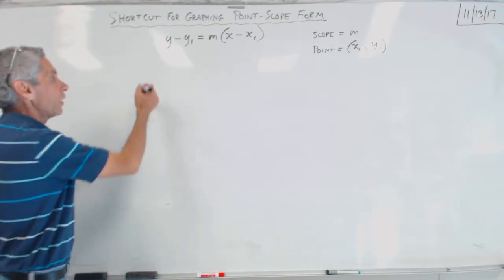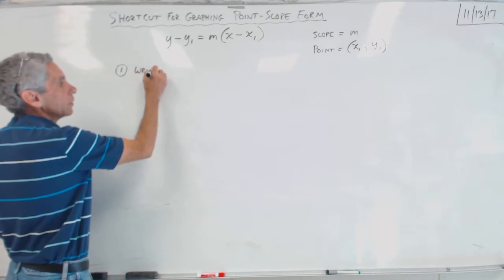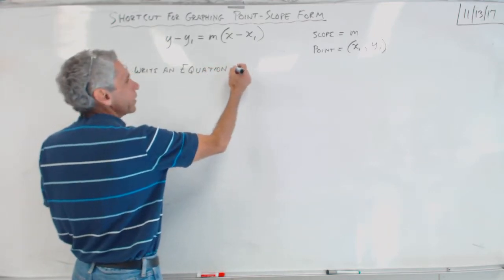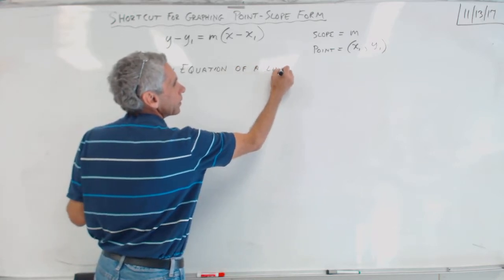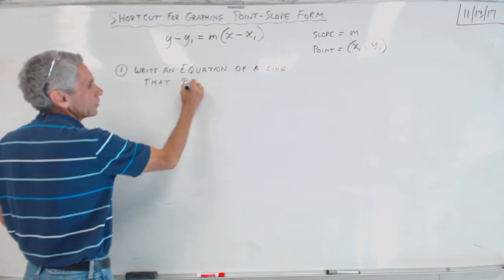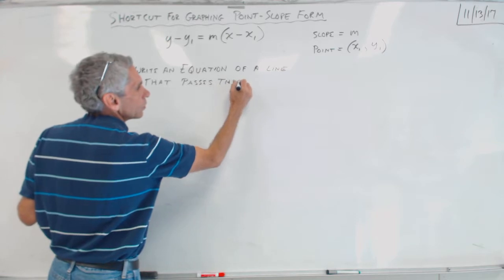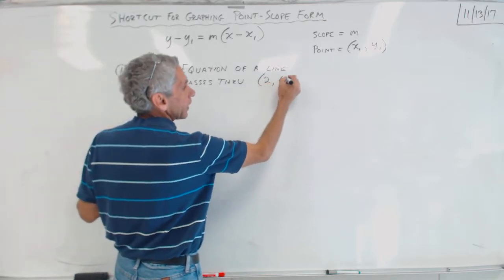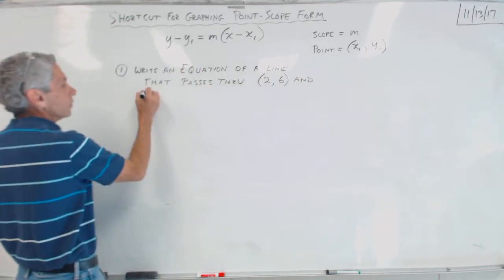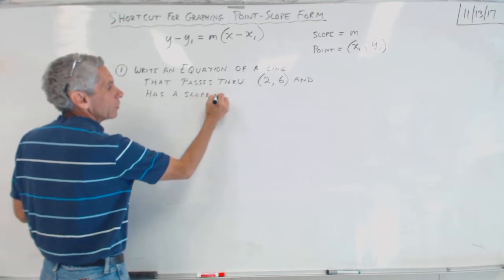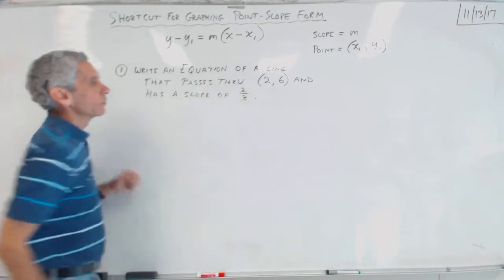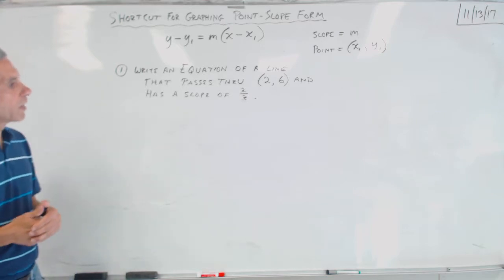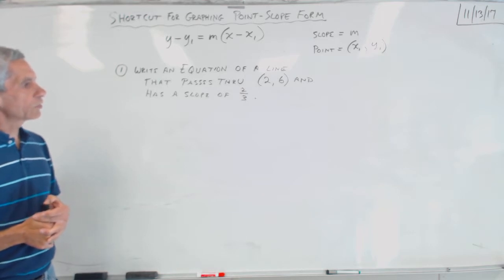So, if I asked you to write an equation, let's say this: write an equation of a line that passes through 2, comma 6, and has a slope of 2/3. I'll give you a second to write that down.